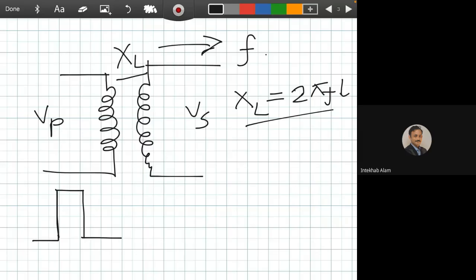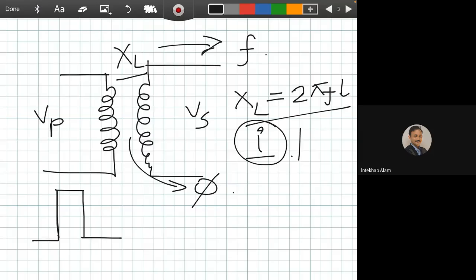And 2 pi FL indicates that if the frequency is high, then XL will also be high. So the current will be reduced. If I is reduced, then flux will also be reduced.